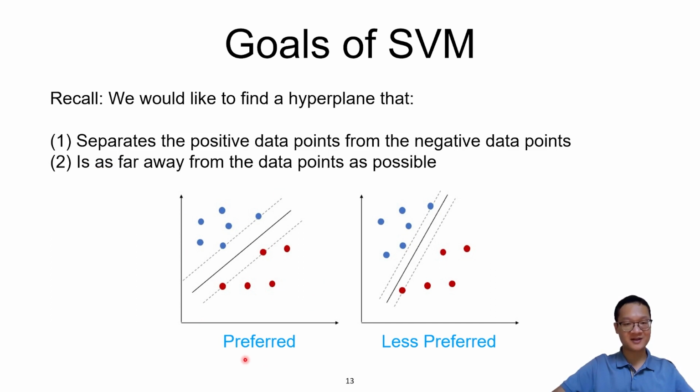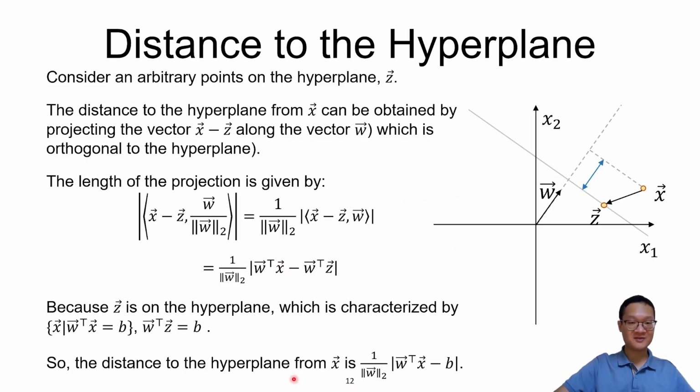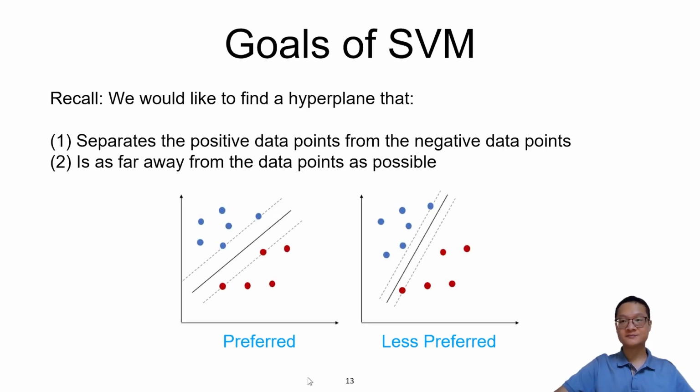So the left plot here is more preferable because the hyperplane is really far from the closest red and blue points, right? And this one is less preferable because the hyperplane is a little bit closer to the closest red and blue points. Okay, so that's why the distance to the hyperplane was an important calculation back here.